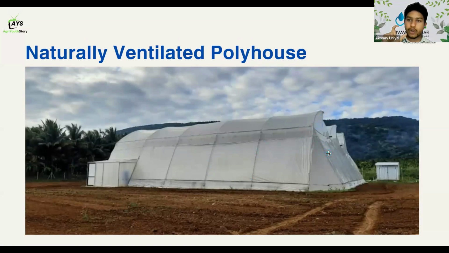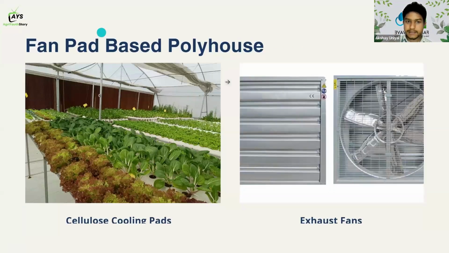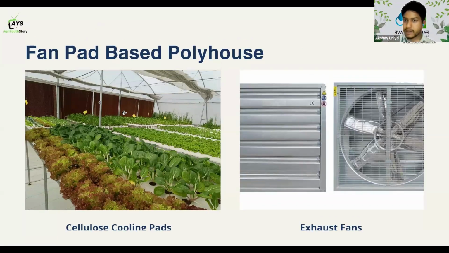So if we want to drop the temperature even more, what we do is we build a fan and pad system. This system is very similar to a naturally ventilated polyhouse, but this fan pad will have two different components. This is an exhaust fan, and these brown things that you see are cooling pads.